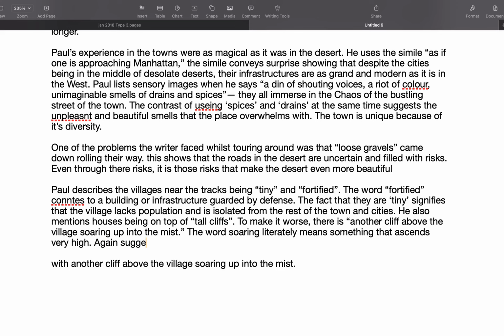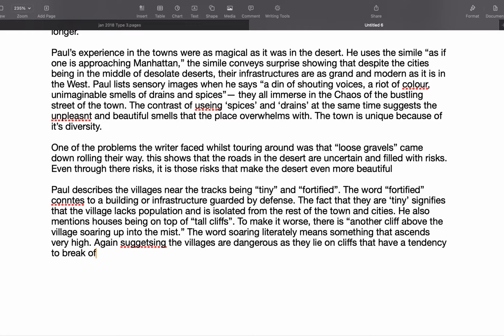Again, suggesting the villages are dangerous as they lie on cliffs that have a tendency to break off.